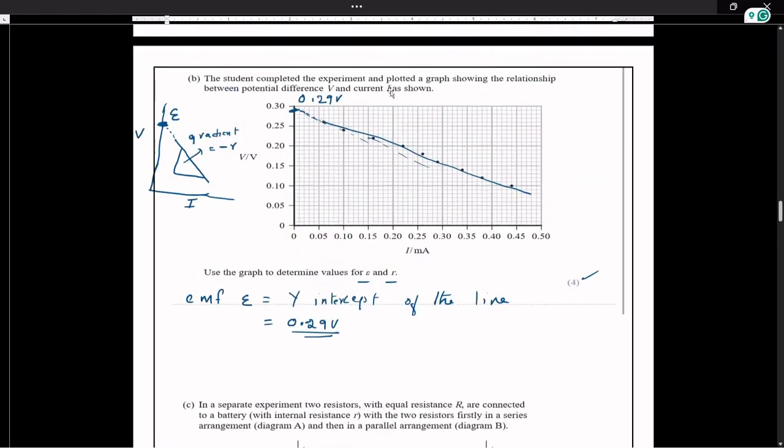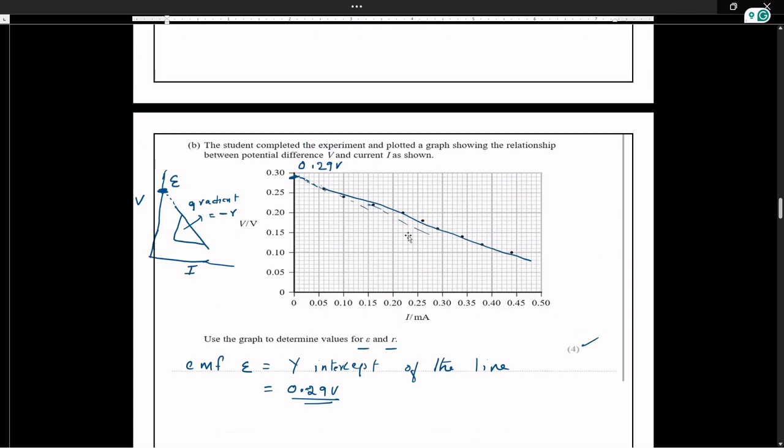Please look at it again. My line of best fit is not looking very neat, but draw it neatly with your ruler, and extend it backward to get the y-intercept. I've done it here, and the value is 0.29 volt, because each small square is 0.25, 0.26, 27, 28, 29.